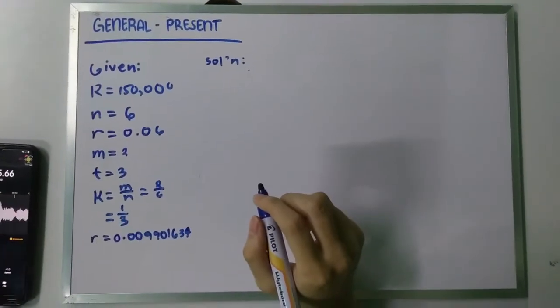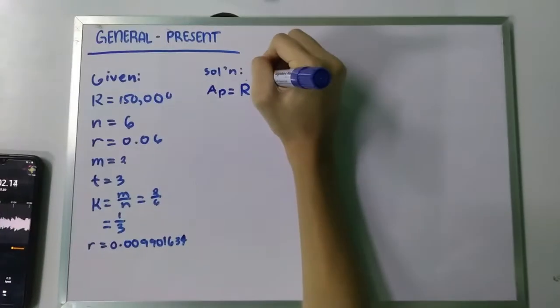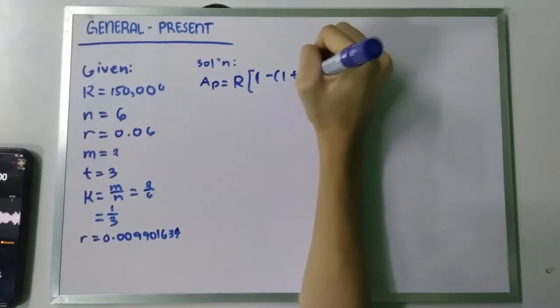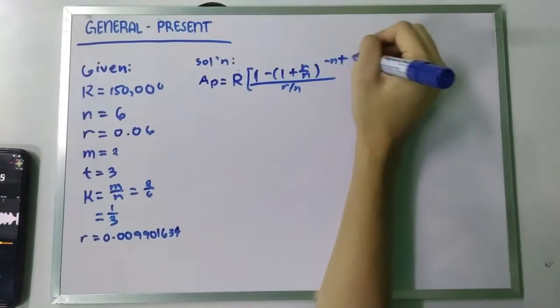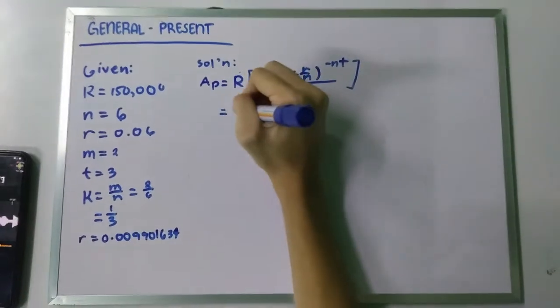Now let's proceed to the main solution, which is A sub P is equal to R times 1 minus quantity of 1 plus r over n to the power of negative nt all over r over n. Now let's substitute the values of the given to this equation.